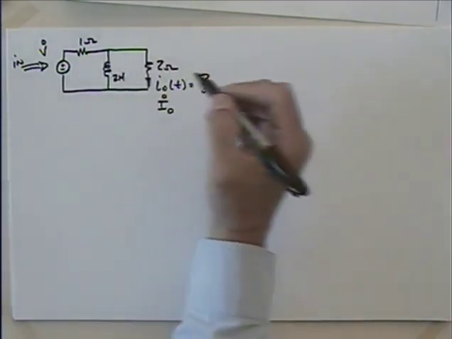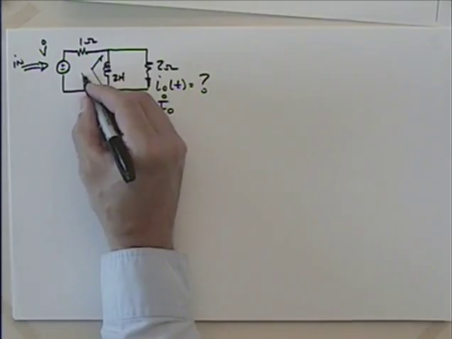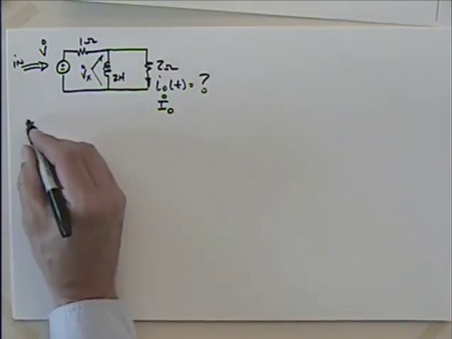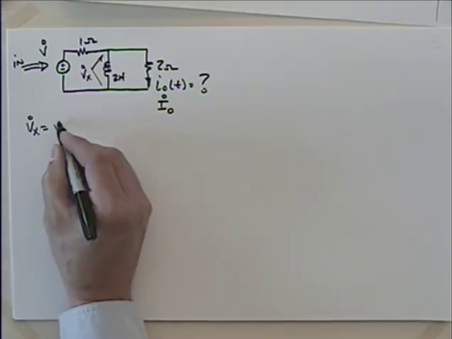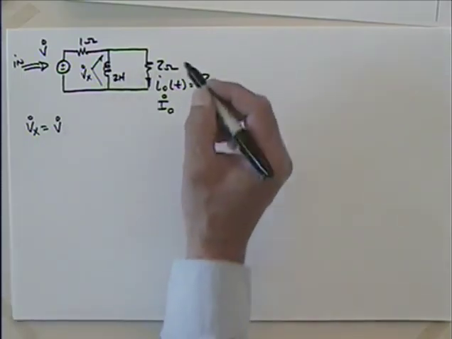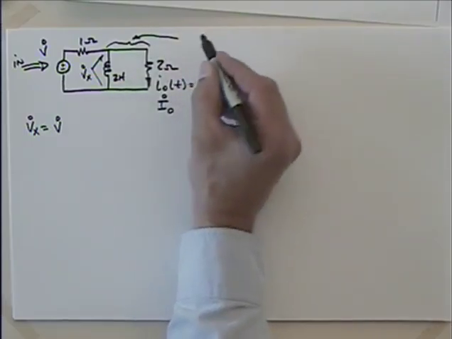We could talk about a voltage across here. We'll say this is Vx. So Vx by voltage division is equal to V times what? The impedance here. What's the impedance for this branch? Product over sum.